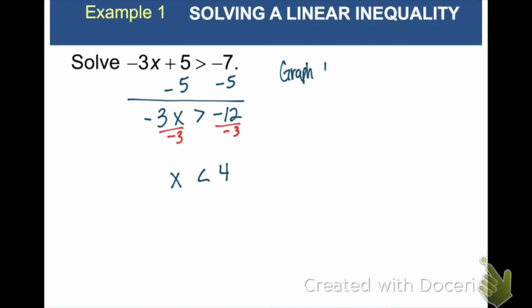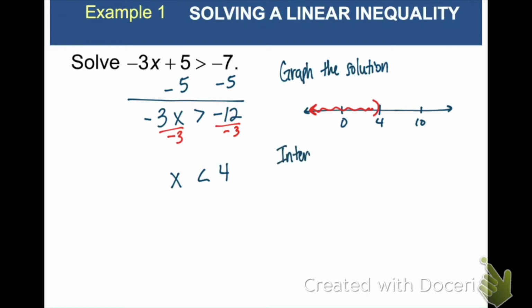Okay, and I'm going to show your answers here in 3 different ways. First of all, we're going to graph this solution. So a number line, I have 4 in the middle, a couple other numbers, 0 and 10 on there. And I used a parenthesis where 4 is because our inequality doesn't have an or equal to sign. And it's going to the left because I'm saying x is less than 4, just like 0 is less than 4.